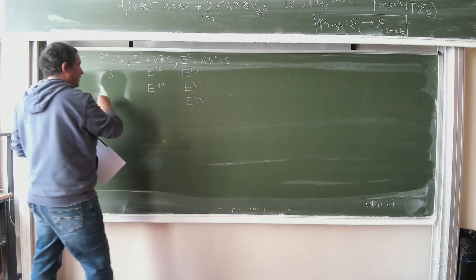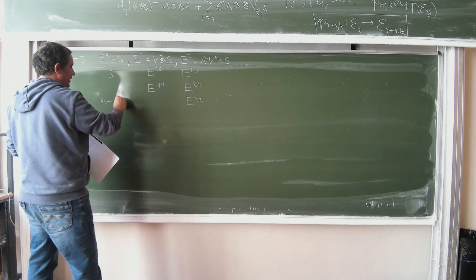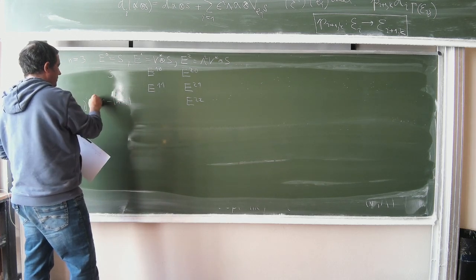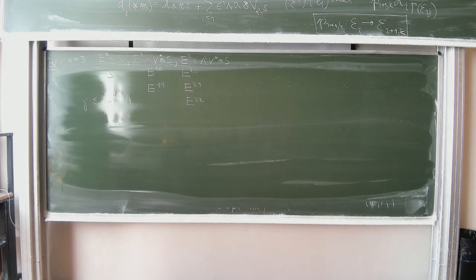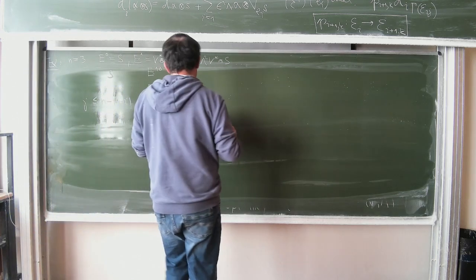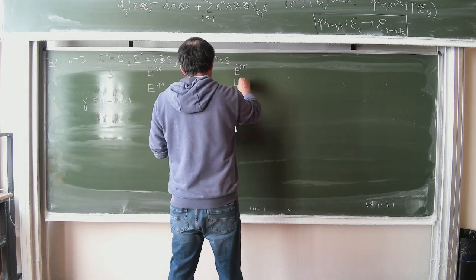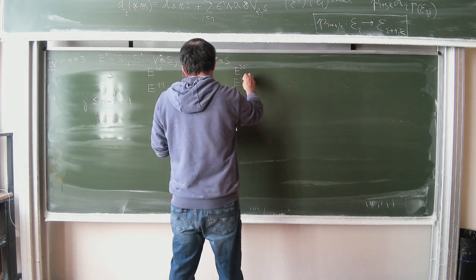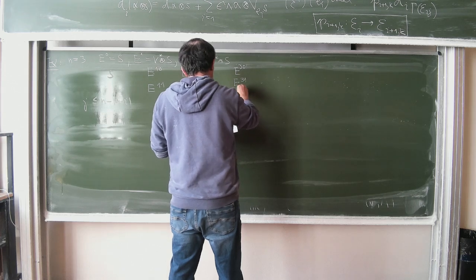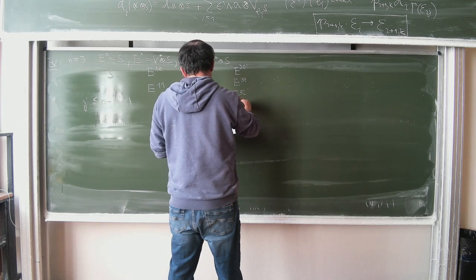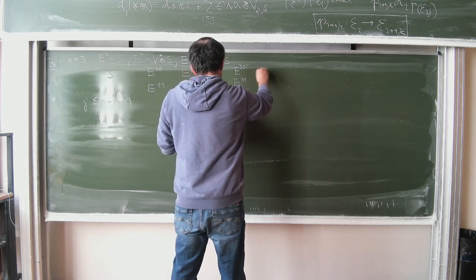We can go up at most to n minus i for j. The second index has such a limitation. So if you compute it carefully, you see such a picture by which we can see further structure of these modules.